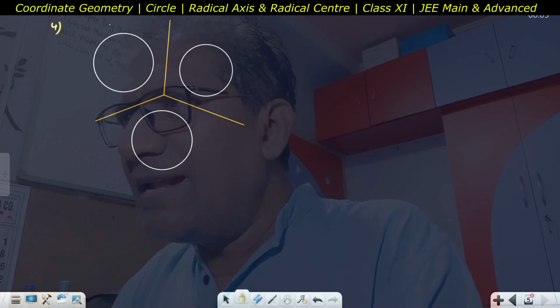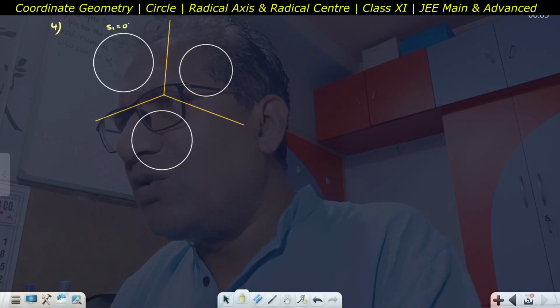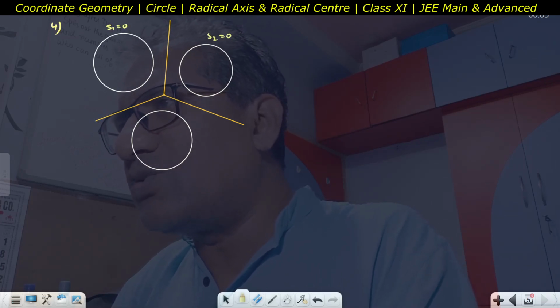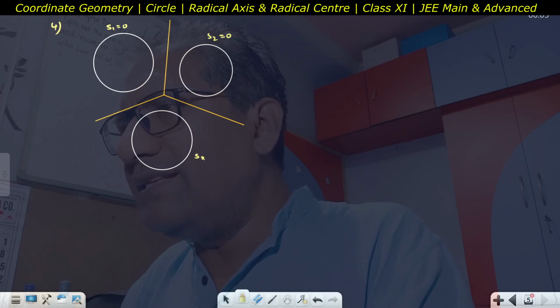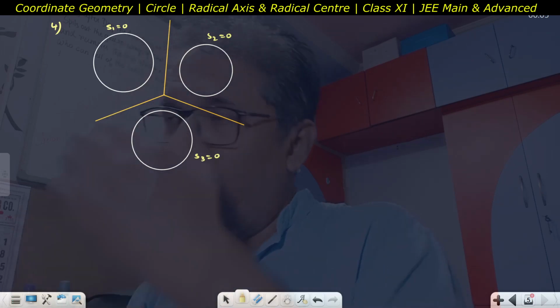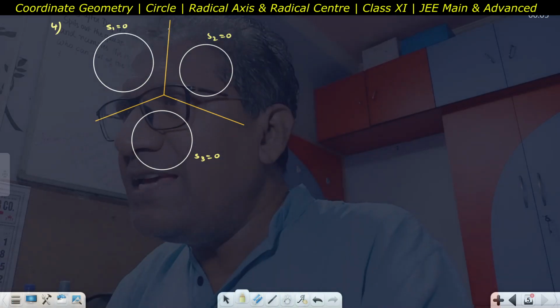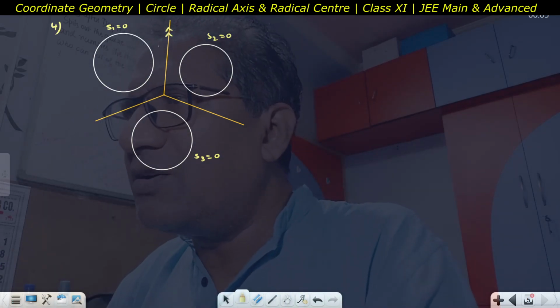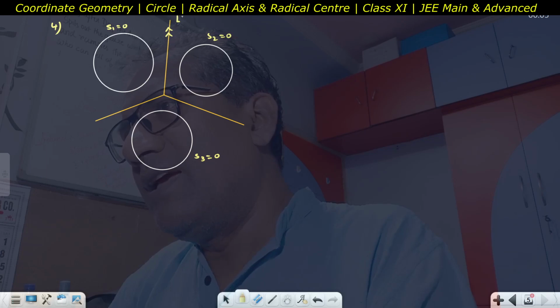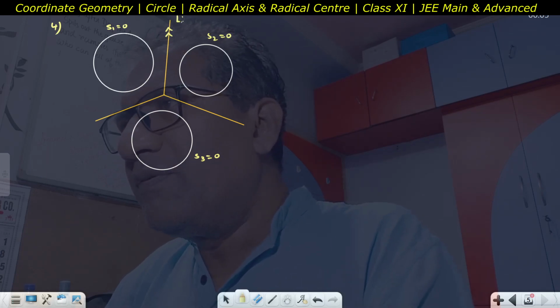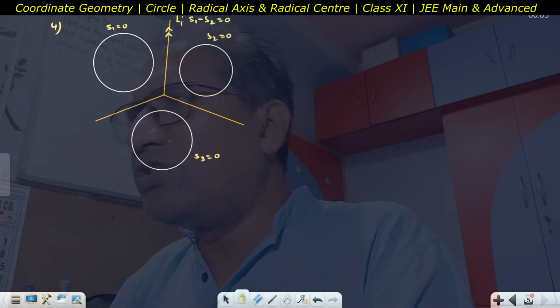Okay, let us say this equation is S1 equals to 0, this equation is S2 equals to 0, and this is S3 equals to 0. Now, what is the equation of this radical axis? Let us say this is L1, which is nothing but S1 minus S2 equals to 0.